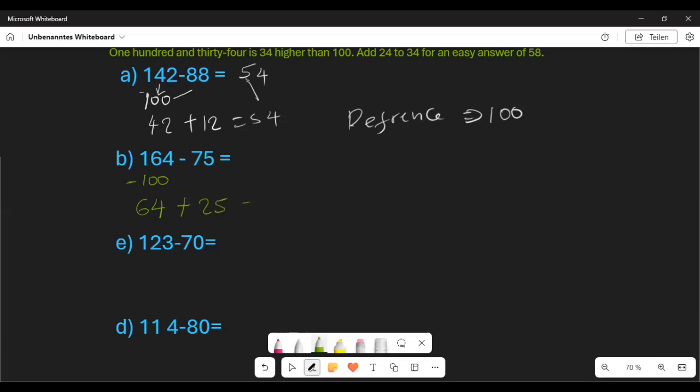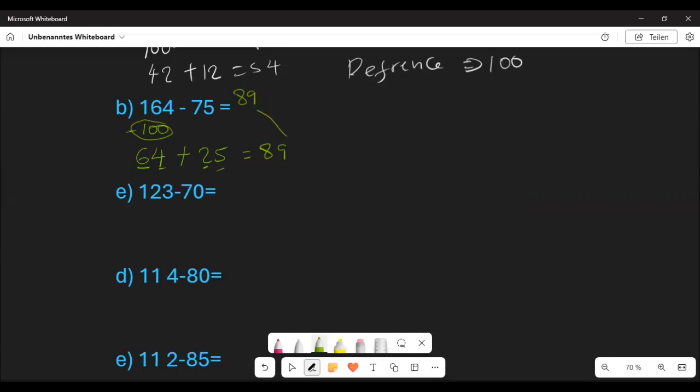When we do that, we know immediately that we're going to have 89: 2 plus 6 gives us 8, and 4 plus 5 gives us 9. So our answer is 89. Quickly, we're using the reference number, which is 100, and it gives us figures that we just need to add, and then we get our answer.